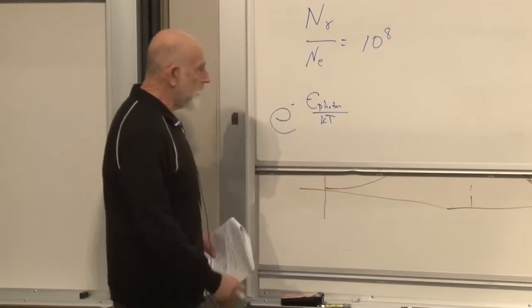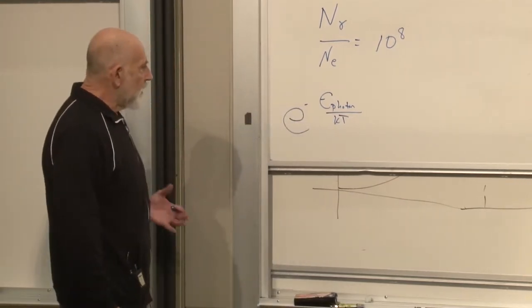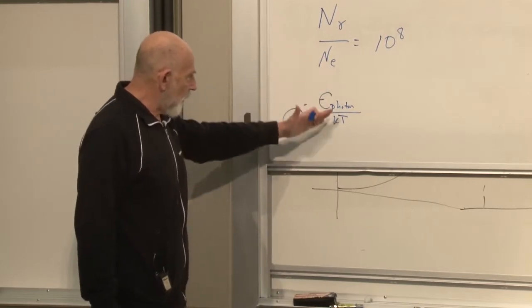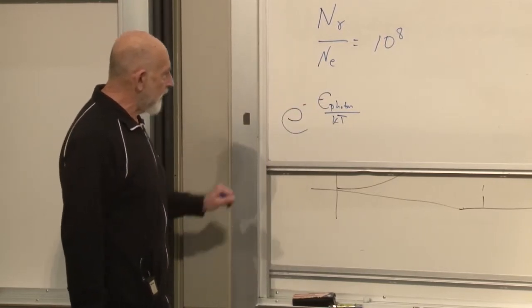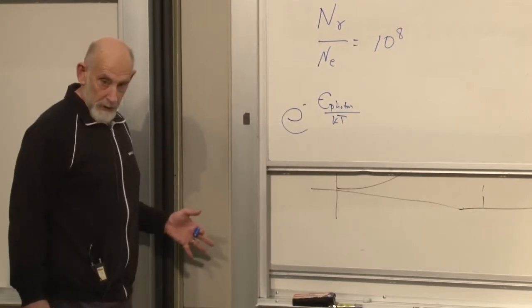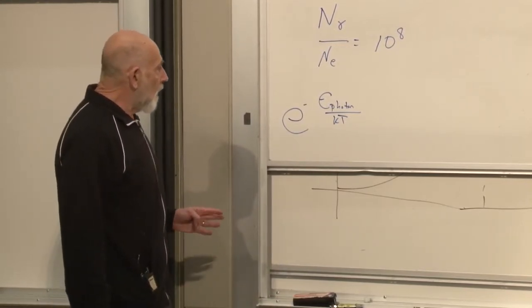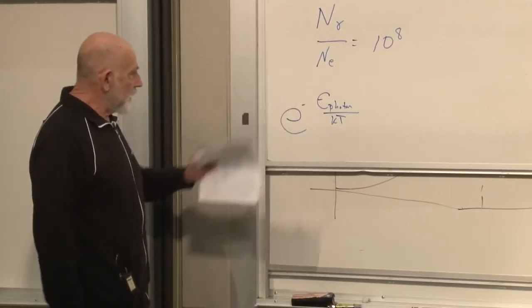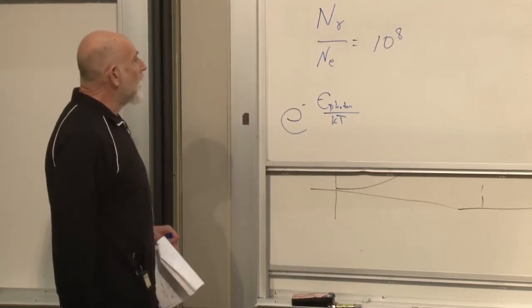This is a standard formula. This is the Boltzmann distribution, e to the minus energy over kT. This is the probability that the photon have an energy epsilon. Good, that's where we are.